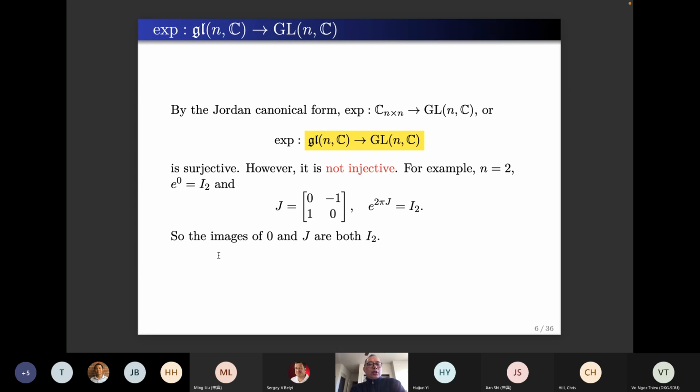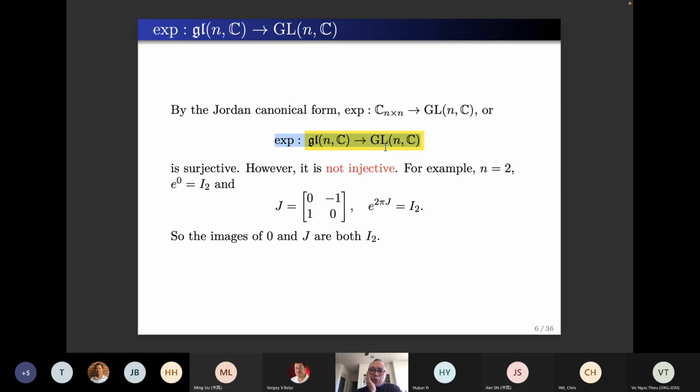All right, so let's talk about the exponential map for the general linear group. This exponential map from the Gothic gl to the group GL, the uppercase GL, is surjective. How to see it?